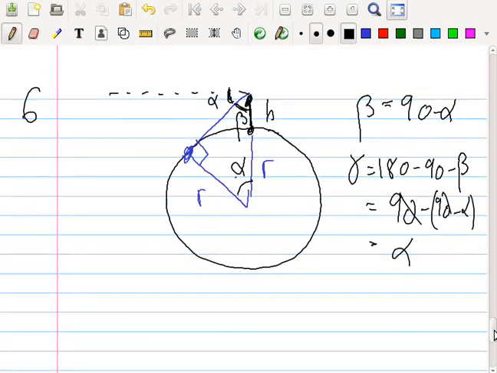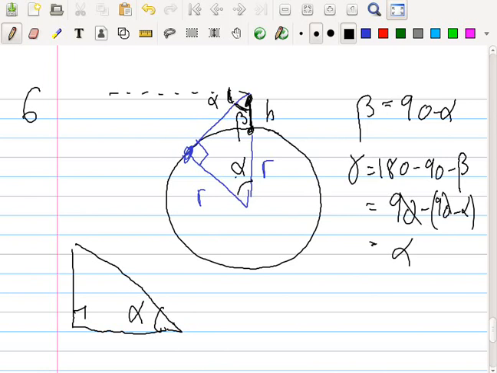Now, let's see. If I draw this triangle down here, we know this angle is alpha. The two things we know are alpha and h. Okay? We know alpha. Now use your imagination. Flip this down here.